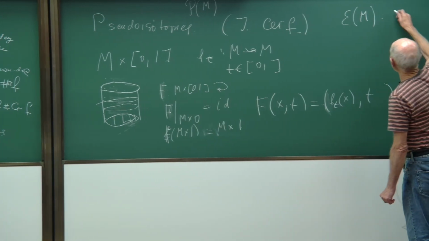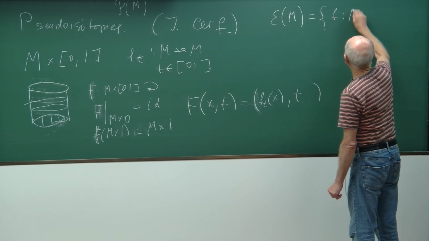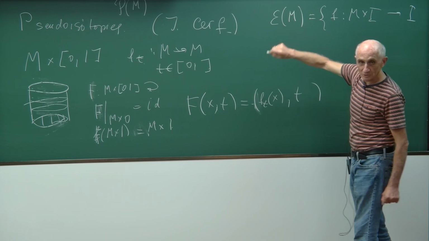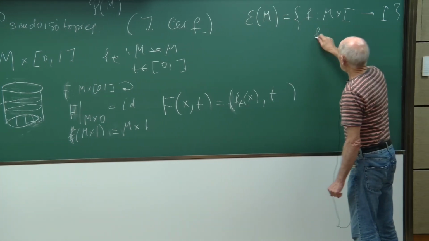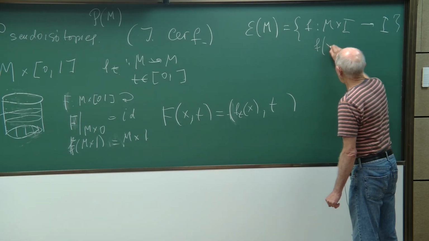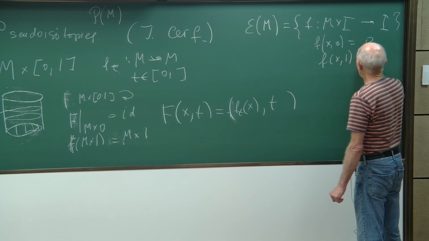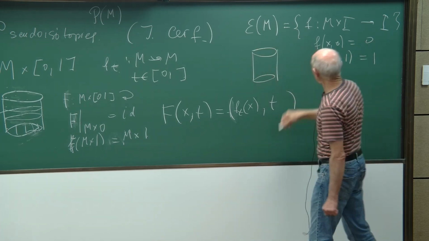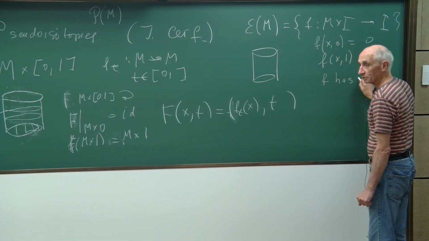This is a space of functions on M cross I to I, where I write I instead of [0,1], such that f(x,0) is equal to 0 and f(x,1) is equal to 1. So you take a space of functions on the product such that f has no critical points.